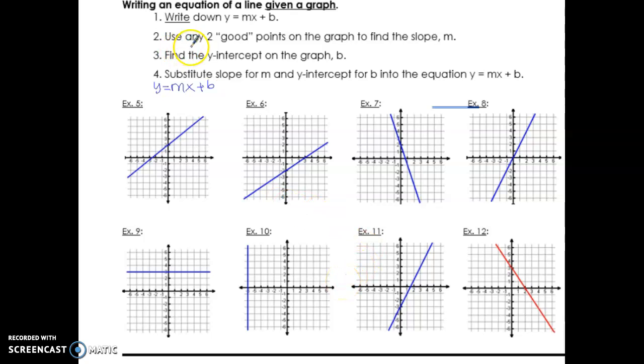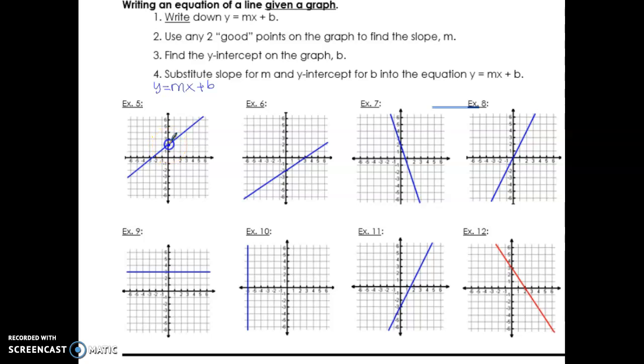It says use any two good points on the graph to find the slope m. So what they mean by good points is wherever you have an intersection of your y line and an x line, and your graph goes through exactly that intersection. If we look at this y-axis and x-axis right here, it'll show up better on your printout than it does on my paper.